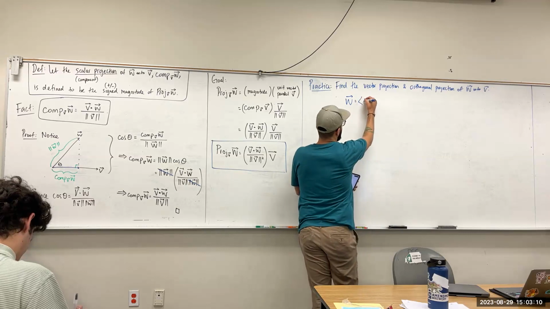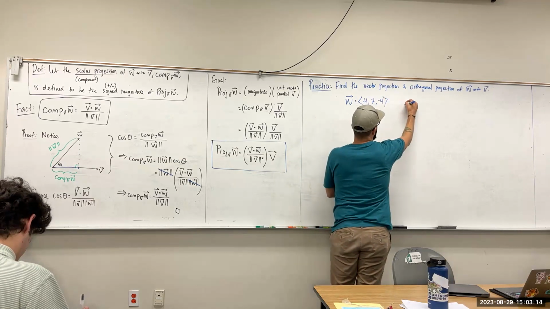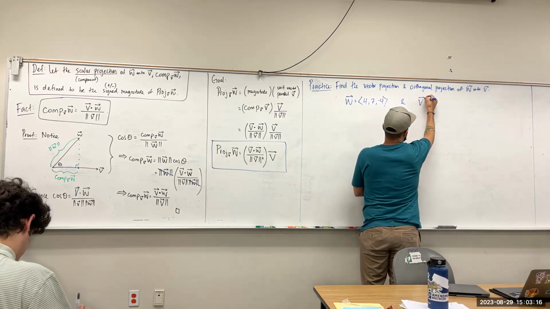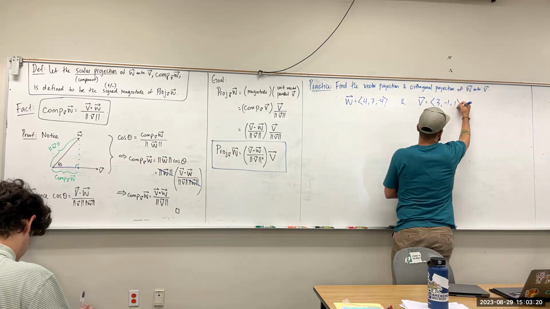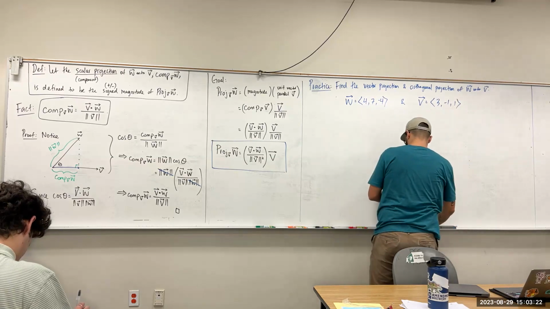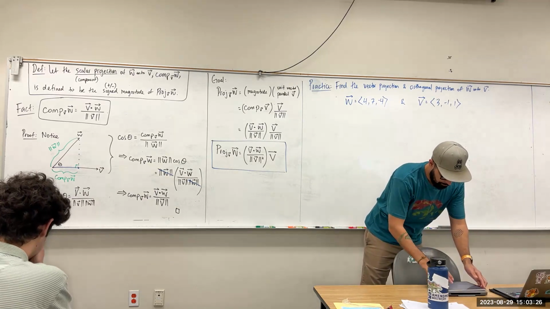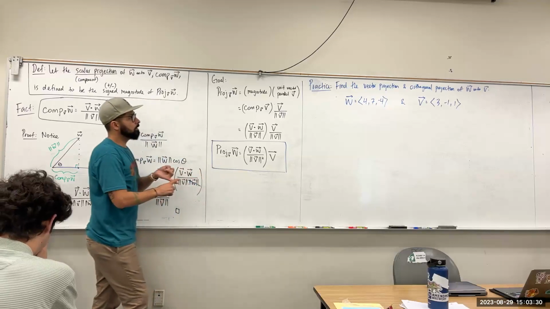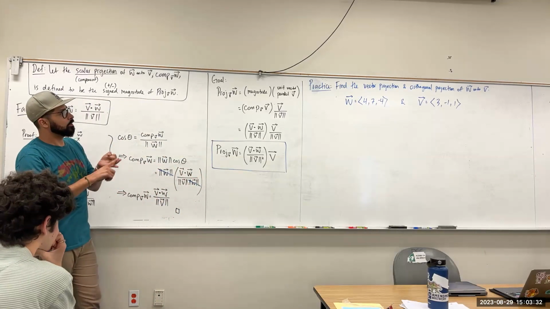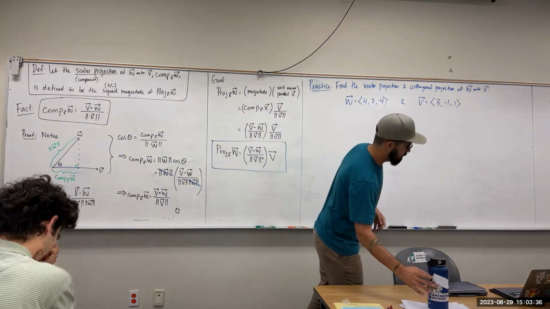W is the vector (4, 7, -4), and V is the vector (3, -1, 1). So find the vector projection, and then find the orthogonal projection.